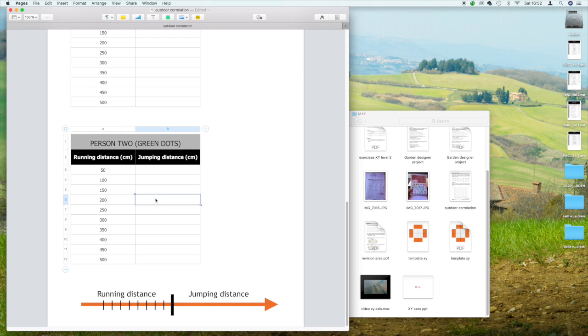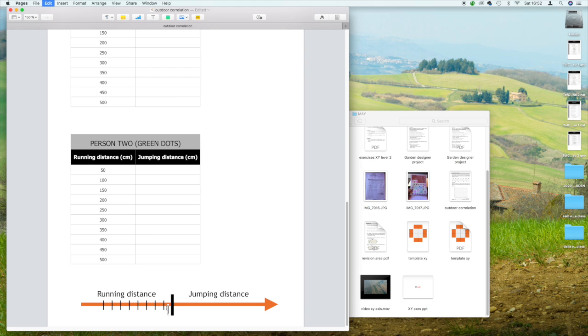But imagine we need to fill in the information here. The jumping distance of that person at 200 centimeters. So if I'm that person, I would place myself at, let's say, this little line here, this segment is 200 centimeters. So I'll place myself there and run as fast as I can. Then when I hit the 0 centimeter, I'll jump as far as I can.